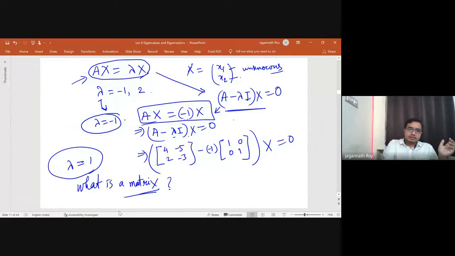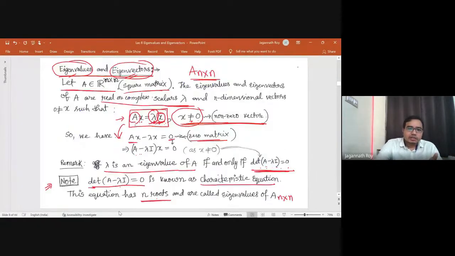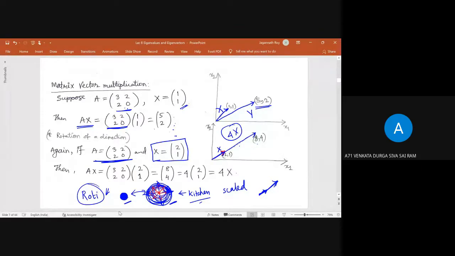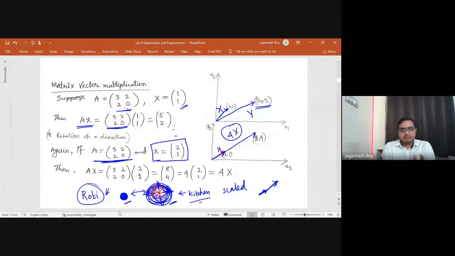Like I said, if you look at your kitchen, shape optimization is done there. These vectors keep their direction, and if the directions are not matched, then this roti will not be round. It can be a triangle or some other shape when eigenvectors are not properly handled.